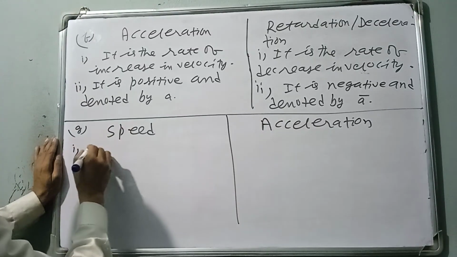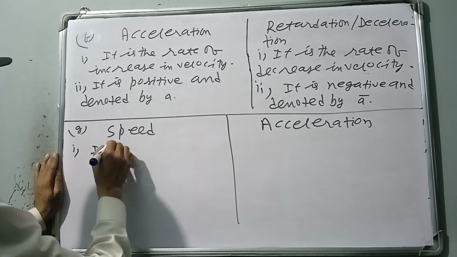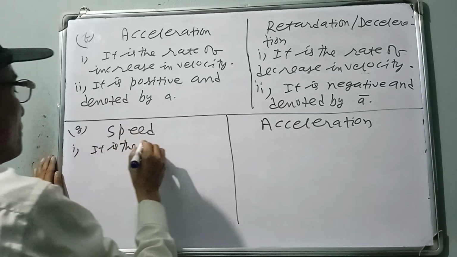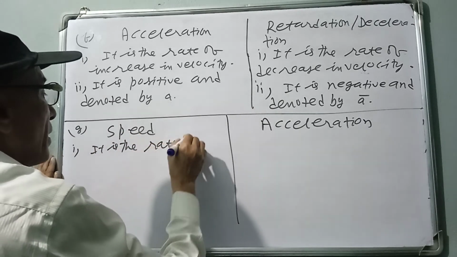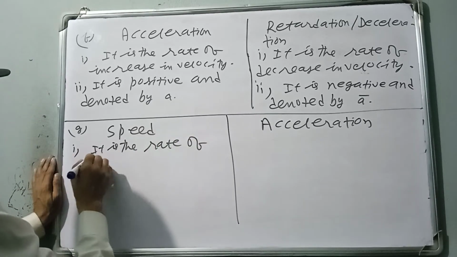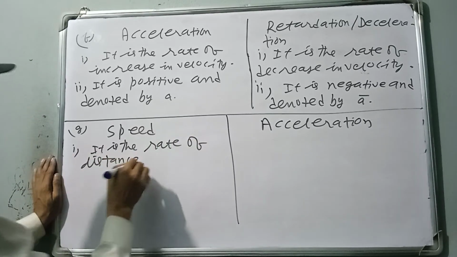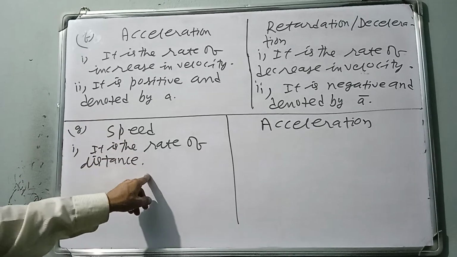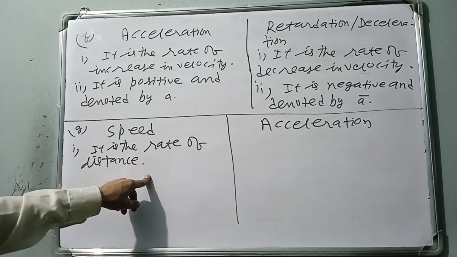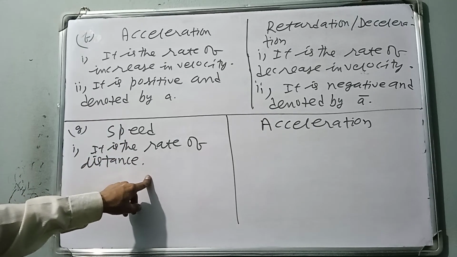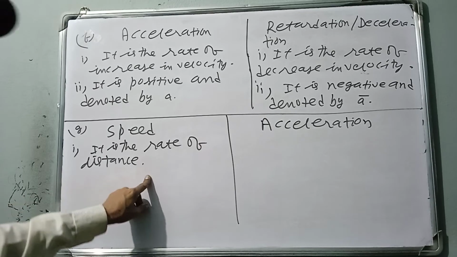So, what do you mean by speed? It is the rate of distance. Rate of distance means it is the ratio of total distance covered by a body to the time taken.